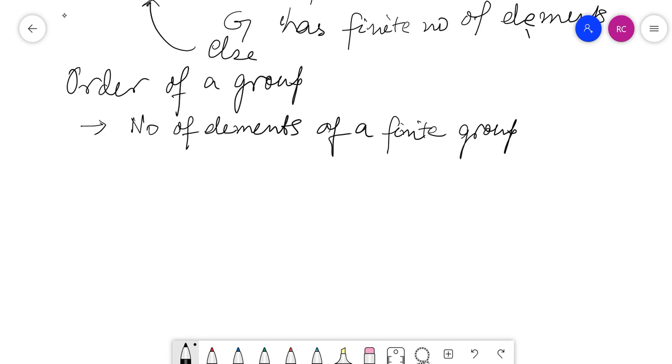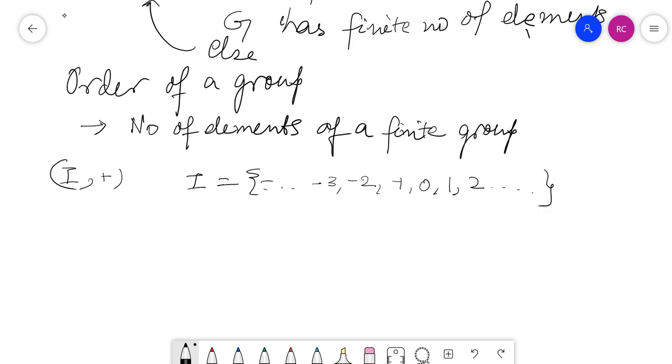So we have this algebraic structure, the set of integers and the operation plus. So I is ... minus 3, minus 2, minus 1, 0, 1, 2, ..., right? The claim is that this is an abelian group.